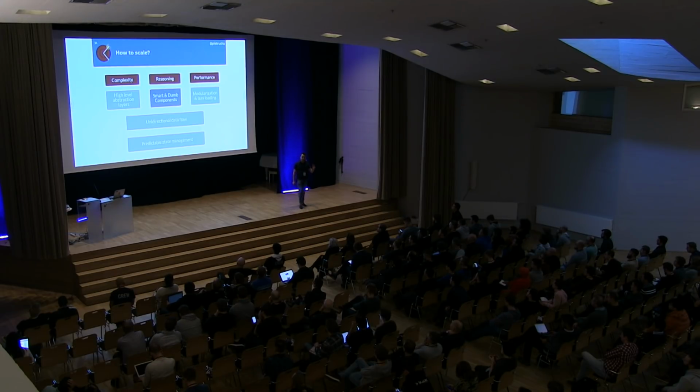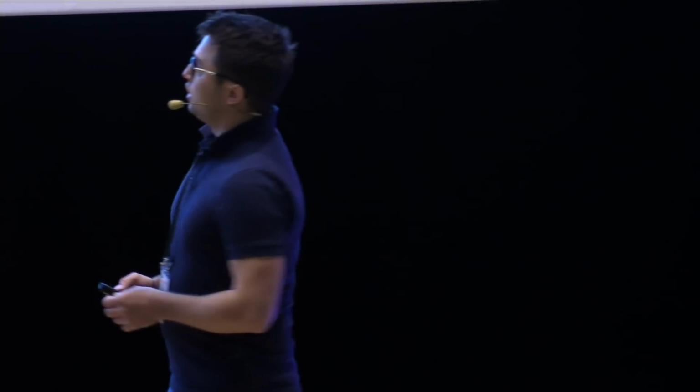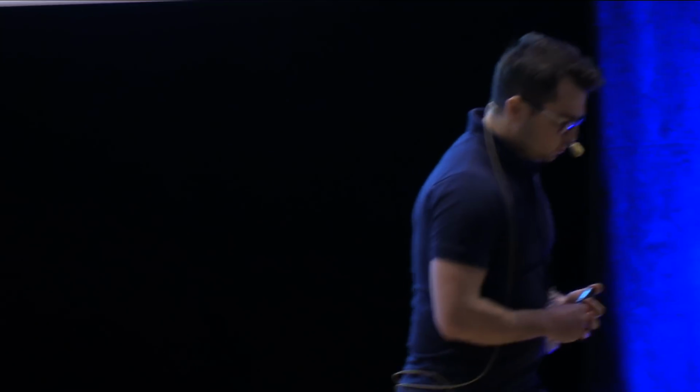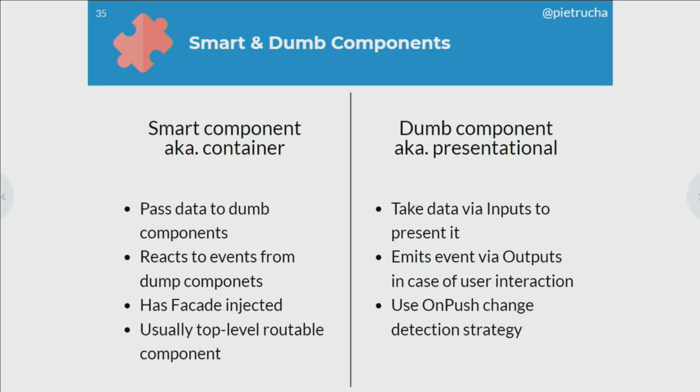And then the two last pieces: components. How would we like to make reasoning about the app easier? Smart and dumb components is a well-known pattern for how to design your components. The smart component, in other words the container, is something that is composed of those presentational dumb components.